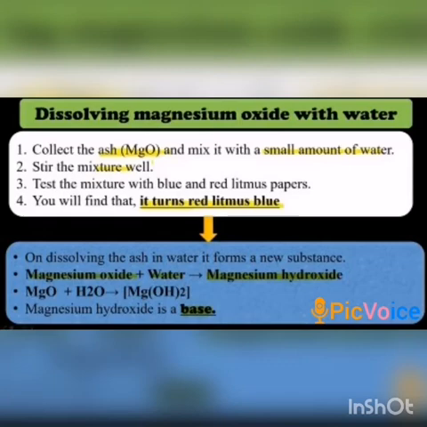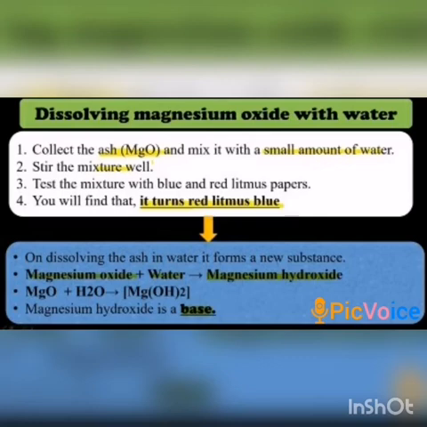Isn't it, ma? Yes. Then the chemical formula for water is H2O, which gives magnesium hydroxide. What's the chemical formula for magnesium hydroxide? Mg(OH)2, Mg(OH)2. Then the nature of this magnesium hydroxide is a base.